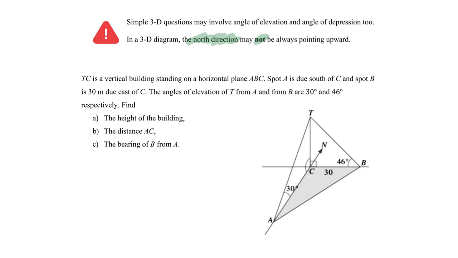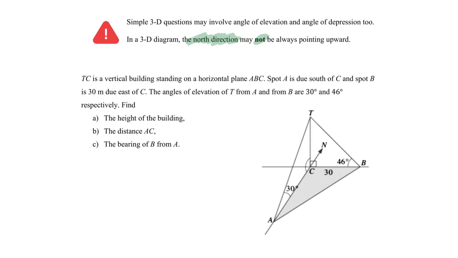TC is a vertical building on a horizontal plane ABC. We are given some information as well, where spot A is due south of C, and spot B is 30 meters due east.